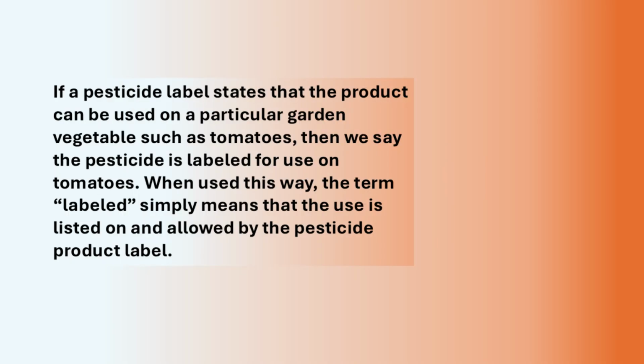If a pesticide label states that the product can be used on a particular garden vegetable, such as tomatoes, then we say the pesticide is labeled for use on tomatoes. When used this way, the term labeled simply means that the use is listed on and allowed by the pesticide product label.